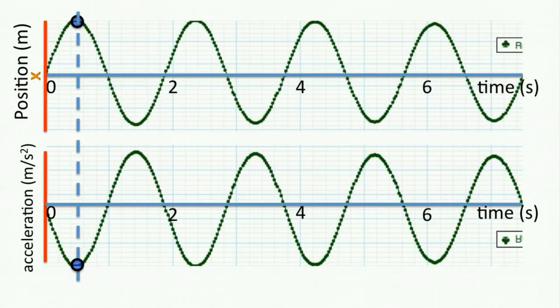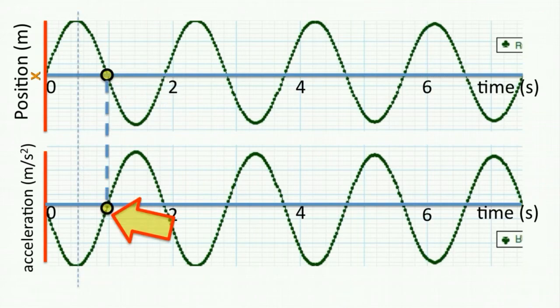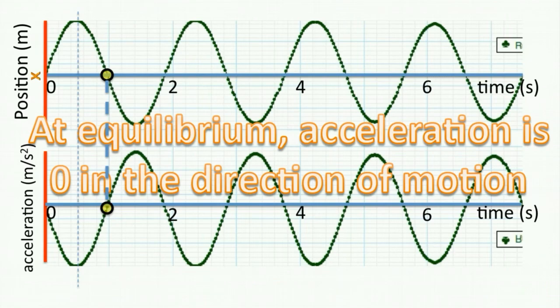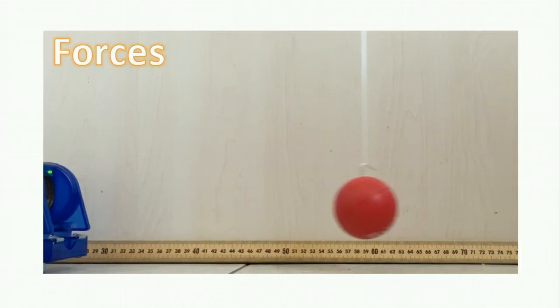And now let's examine another point of interest. Let's examine when the position is 0. Well, according to this relationship, the acceleration is also 0. At equilibrium, the acceleration is 0 in the direction of motion. So examining the forces once again, gravity acts downwards and tension acts upwards.